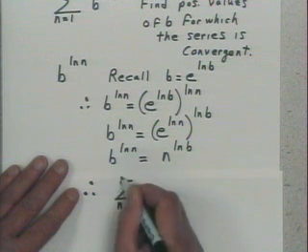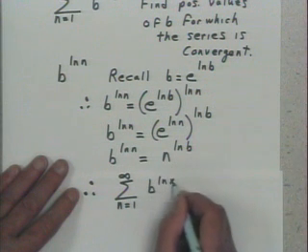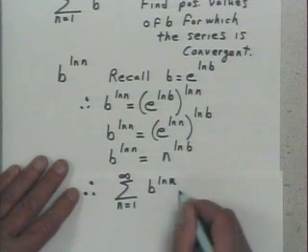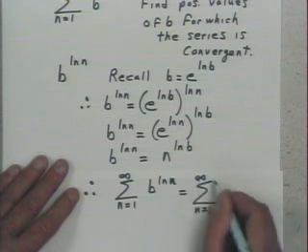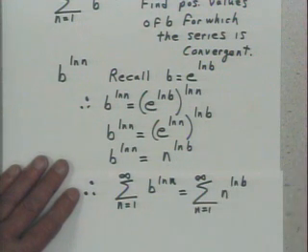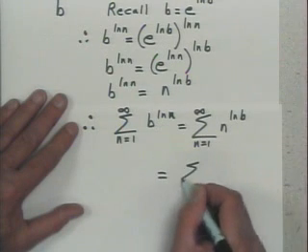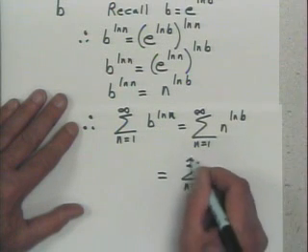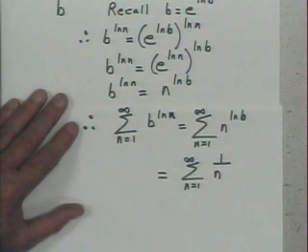Therefore, the series, n running from 1 to infinity, of b to the natural log of n is the same as doing the series n running from 1 to infinity of n to the natural log of b. They're the same series. But that could be written as the sum from n equals 1 to infinity of 1 over n to what power?